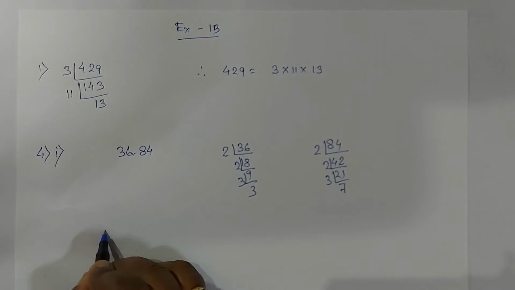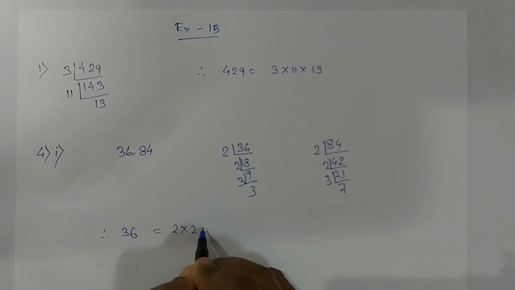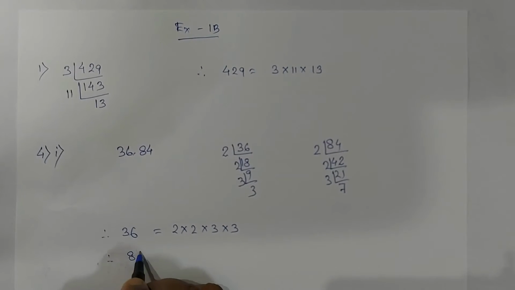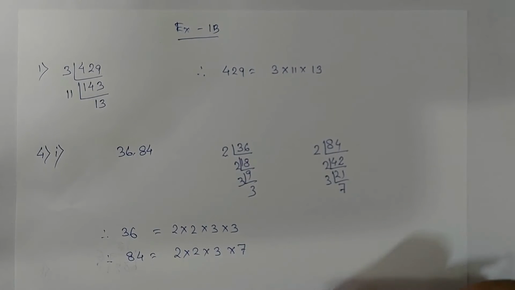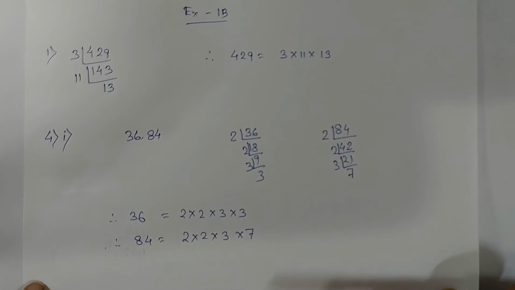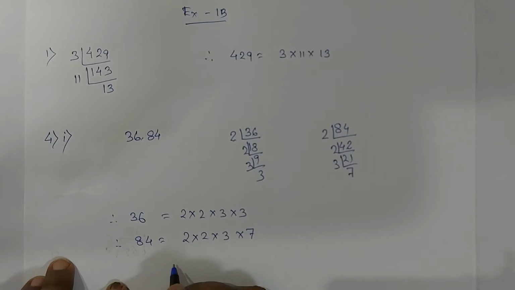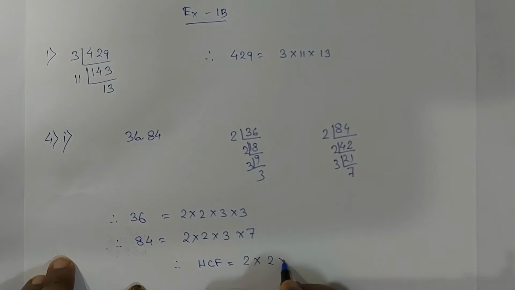So therefore 36 equals 2 into 2 into 3 into 3, and 84 equals 2 into 2 into 3 into 7. So therefore HCF will be 2 into 2 into 3, we will take common pairs only.